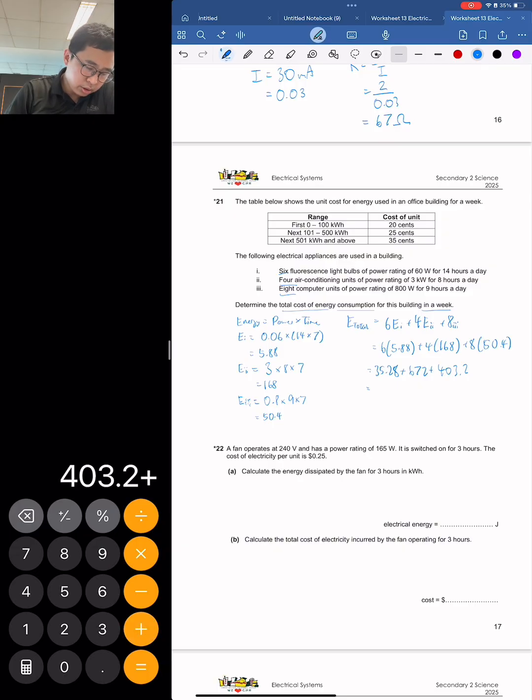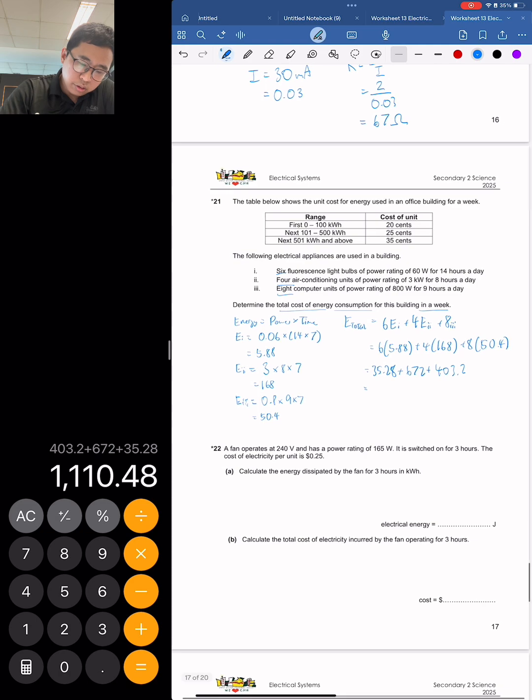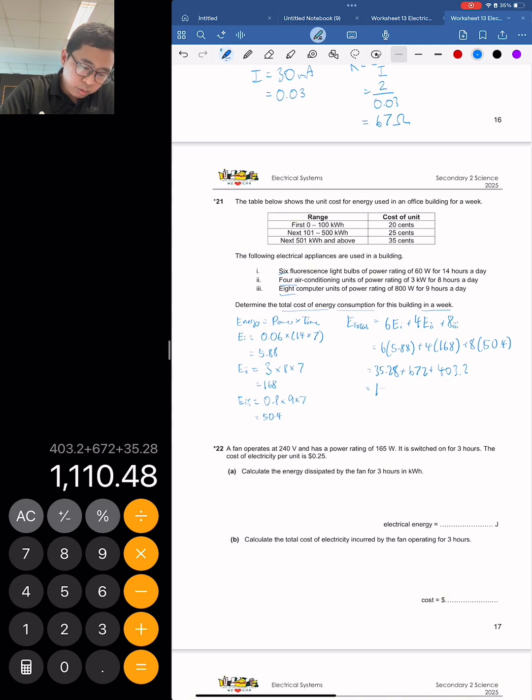So 35.28 plus 672 plus 403.2 equals 1110 kilowatt hour. You can simplify to two significant figures. Okay, and this is the answer.